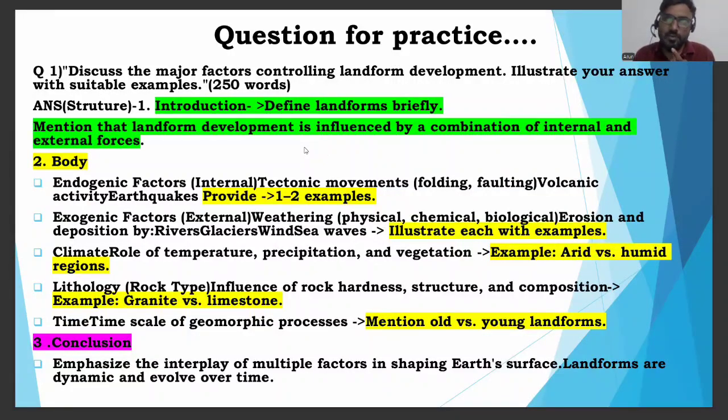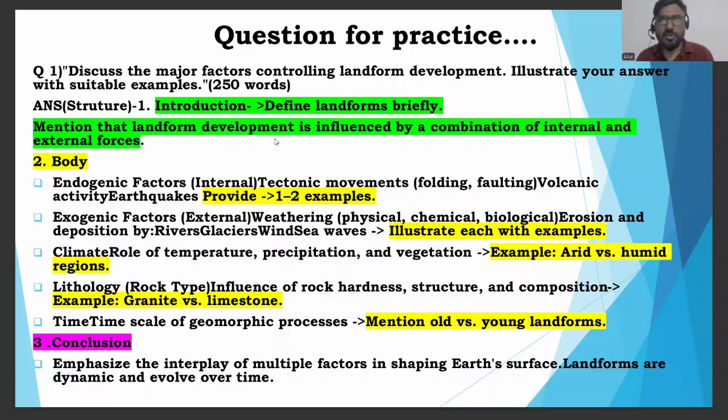The second category is exogenetic forces, which act from the outside, in the form of water, wind, glaciers, rivers, and even man-made anthropogenic activities. The third category is geological factors, like the nature of rocks, whether hard rock or soft rock, which impact the development or modification of landforms. This was the basic concept we discussed in our lecture.